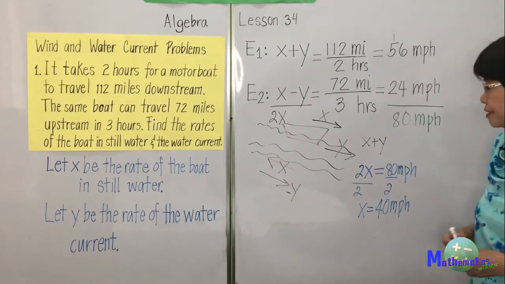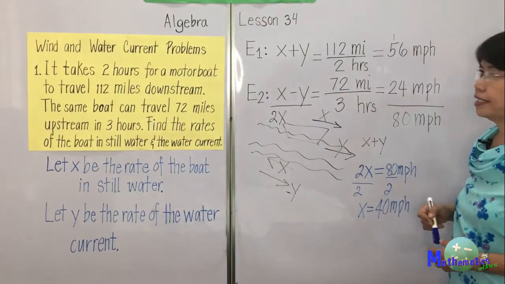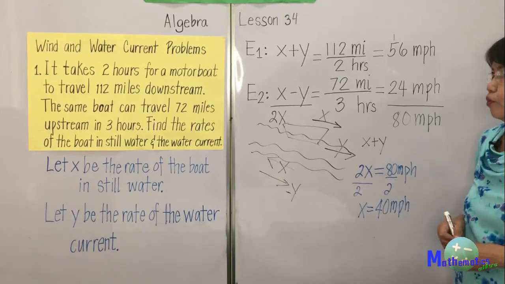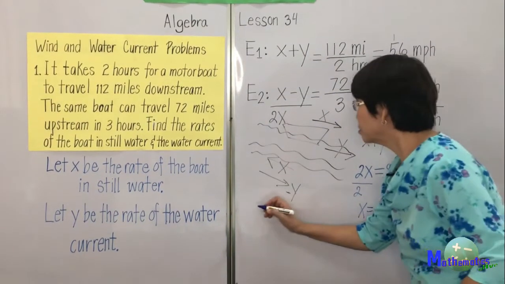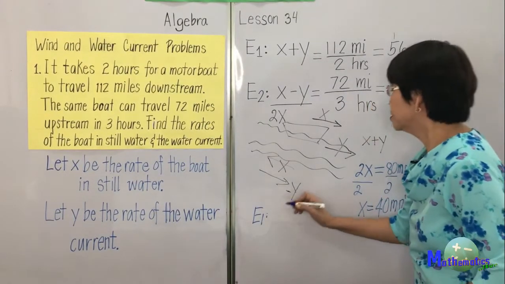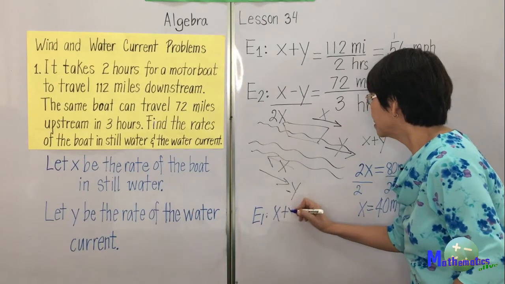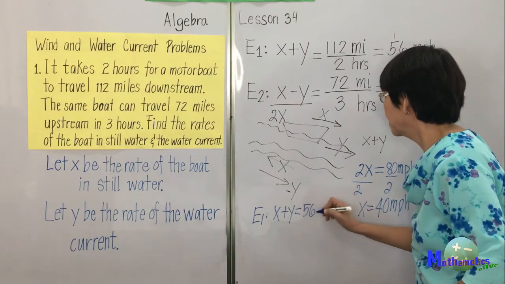And then substituting this value to any of the two equations, we can solve for the value of y. And we will use equation 1. So x plus y equals 56.